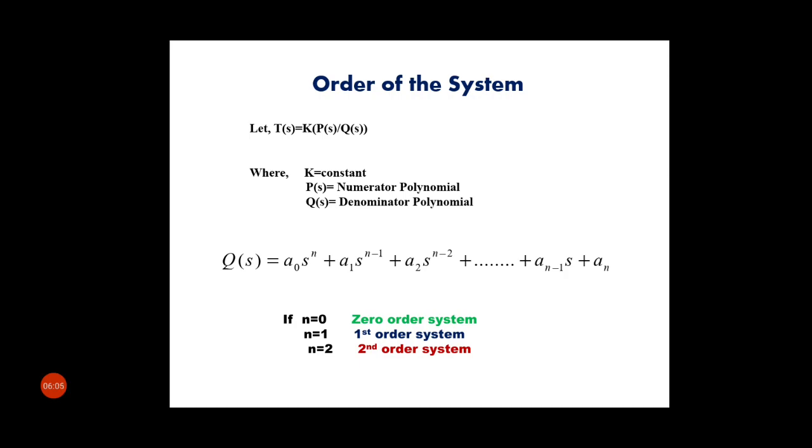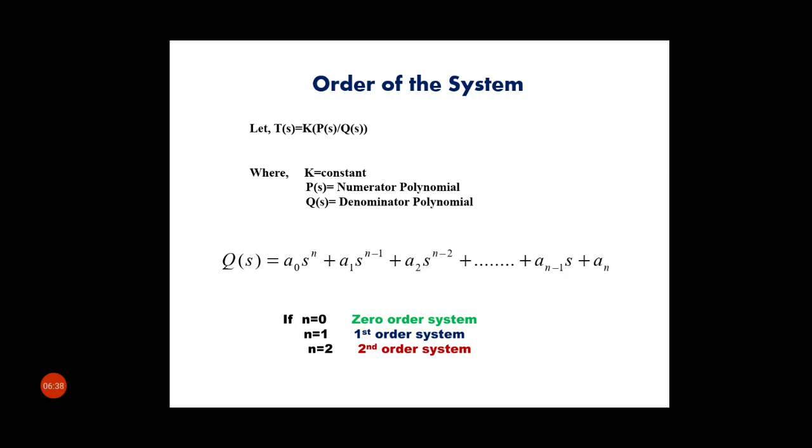Now come to the first order system. What is meant by first order system? In case of first order system, we take n equal to 1. Then the equation will be a0 into s to the power 1 plus a1 into s to the power 0 plus a2 into s to the power minus 1, like this.